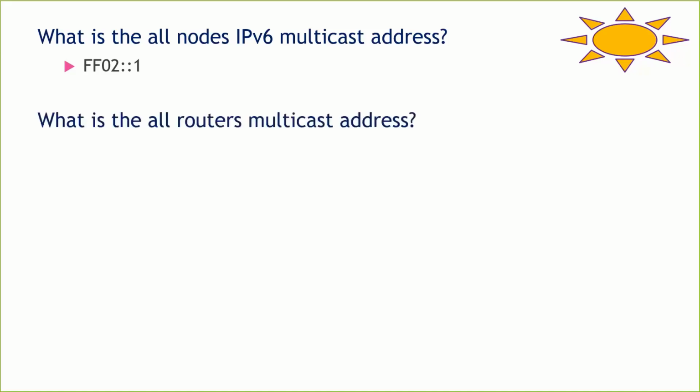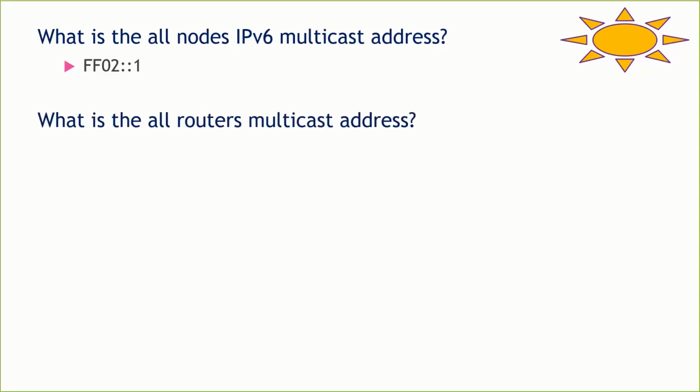Now, what is the all routers multicast address? FF02::2. So all of the routers in my network will have that IPv6 address associated.